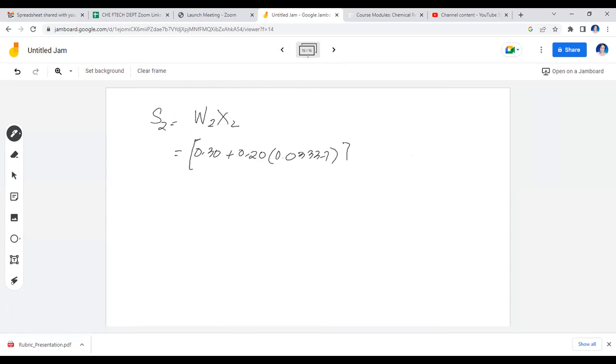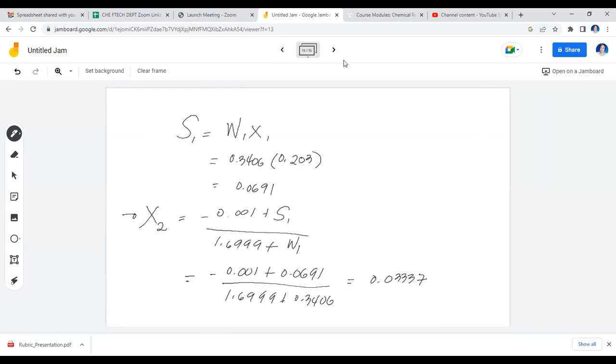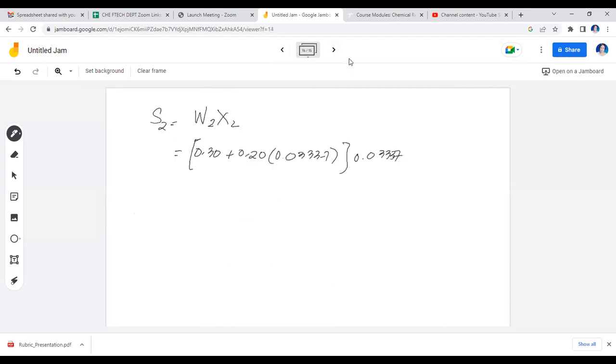This you will multiply by 0.03337. Another 3. Let's check. Okay, 3 3s. So you will have an S2 value which is equal to 0.010234. Now that's for the S2.